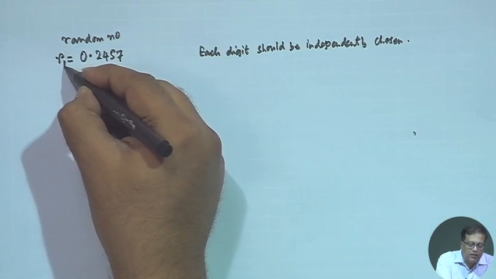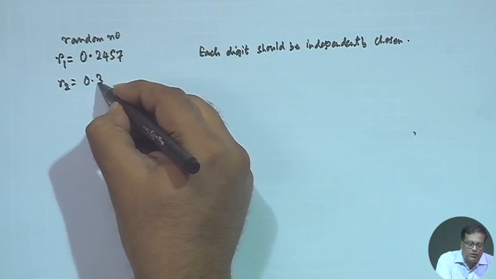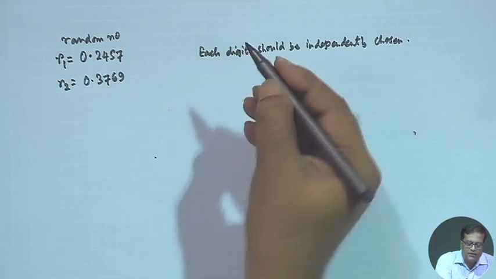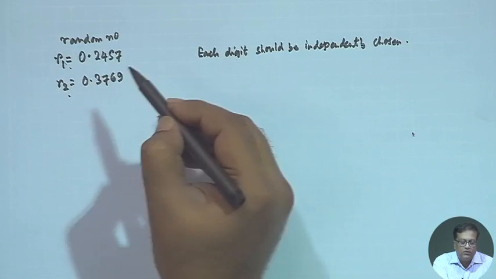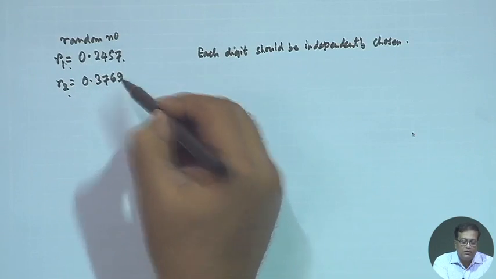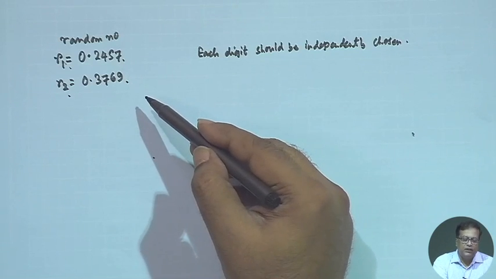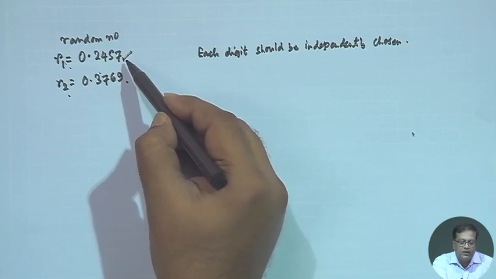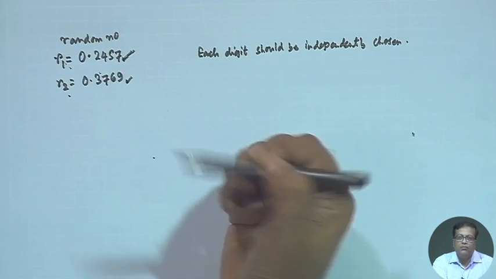Suppose another random number R2 we get, and this R2 is, let us say arbitrarily, 0.3769. So, you see there should be absolutely no relation between R1 and R2, right. That means, if the first number is 0.2457, the second number need not be 0.3769, it could be any number.